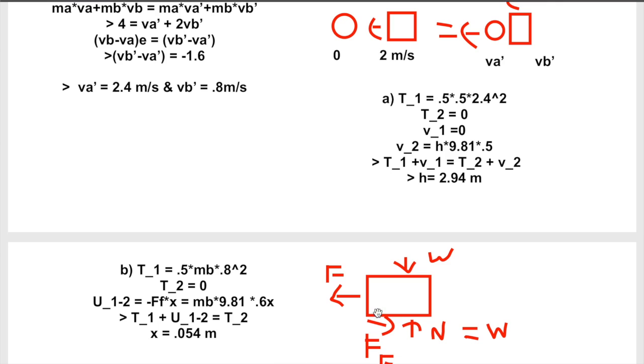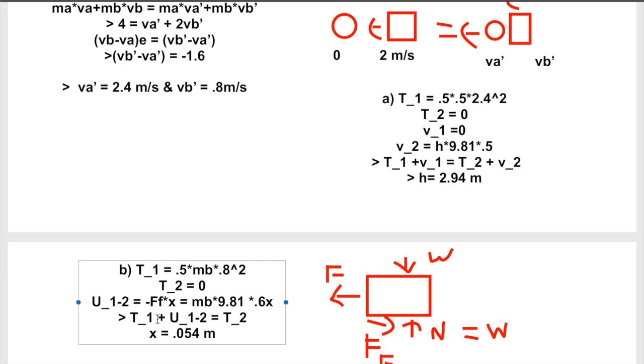Friction is the normal force times the friction coefficient. Since the normal force and the force of gravity are equal, because it's not going up or down, we can just use the friction coefficient times gravity times the mass of our block times the distance.